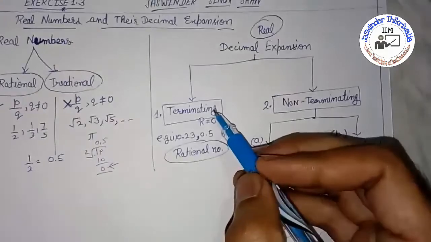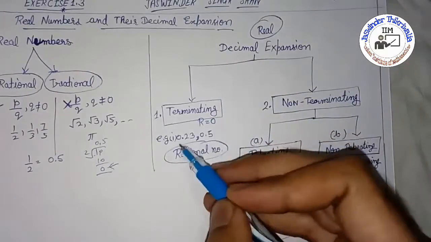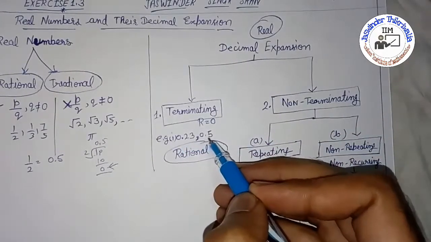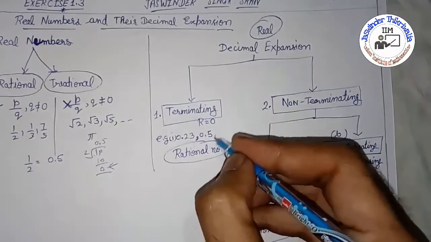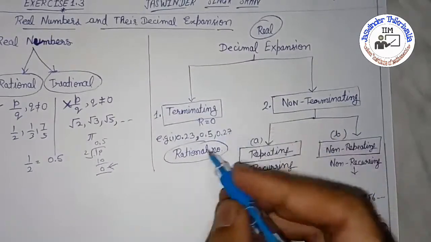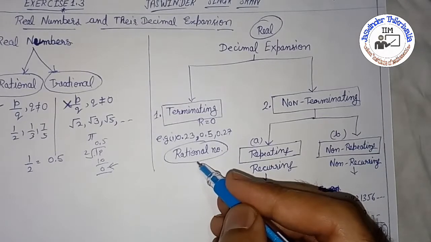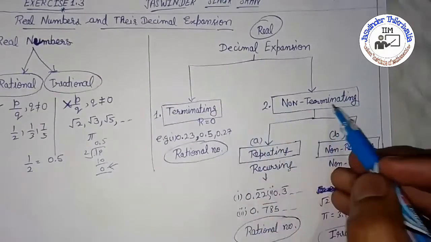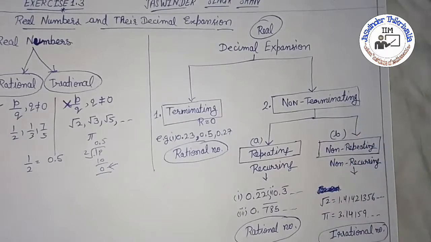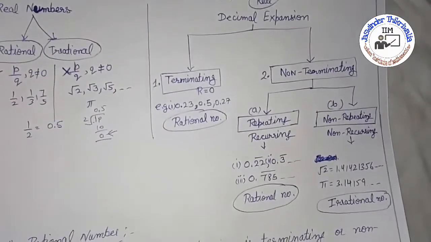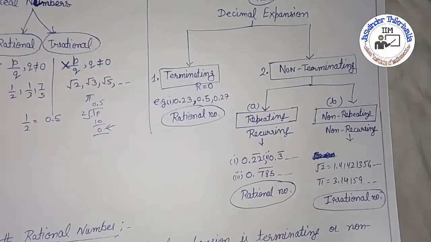If the decimal expansion is terminating, for example 0.23, 0.5, 0.27, then that expansion is of a rational number. Clear? The second case is non-terminating. Non-terminating means we do not get the remainder as 0.